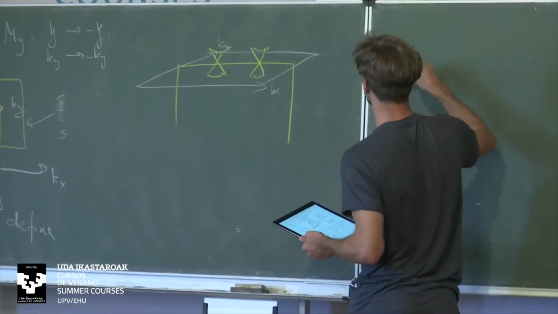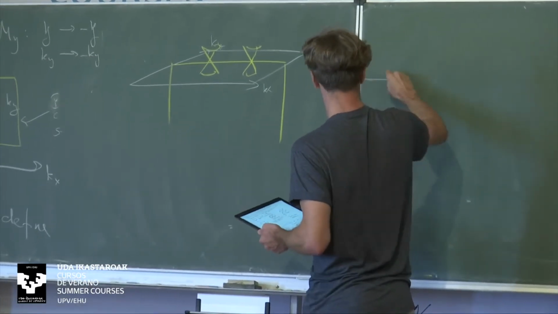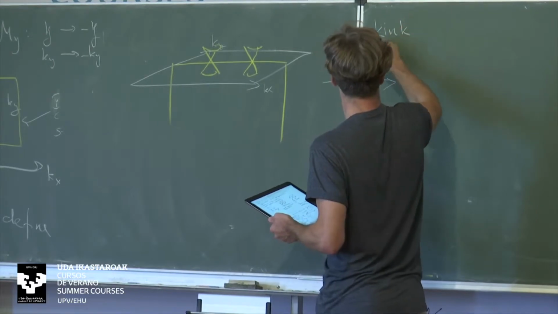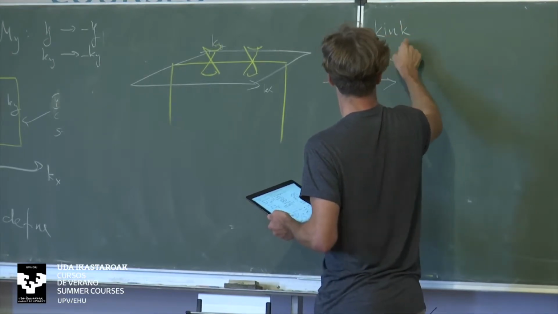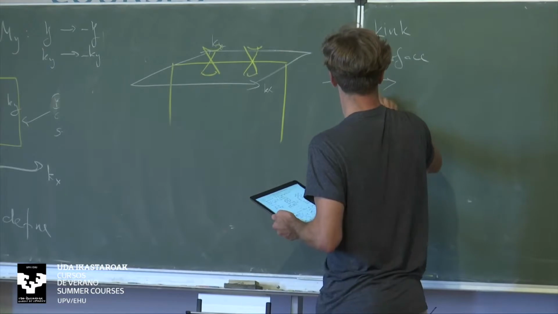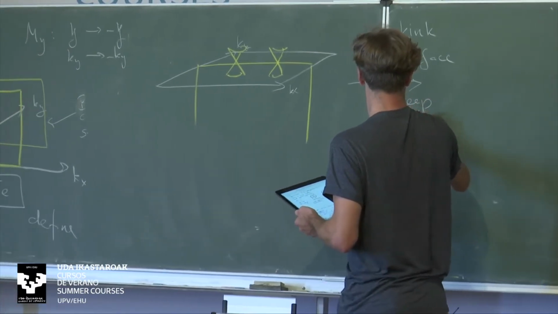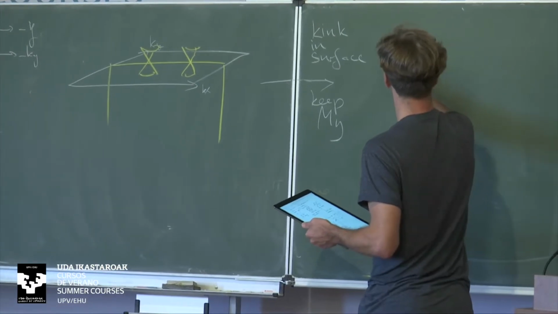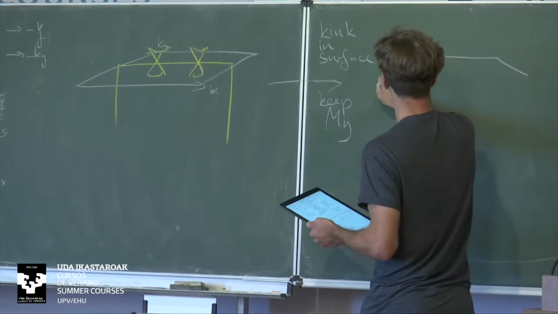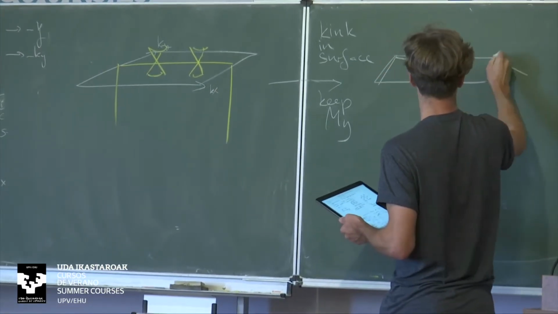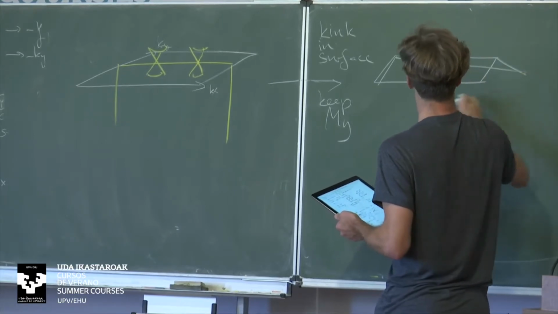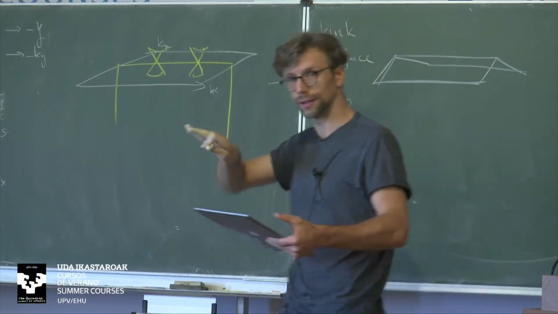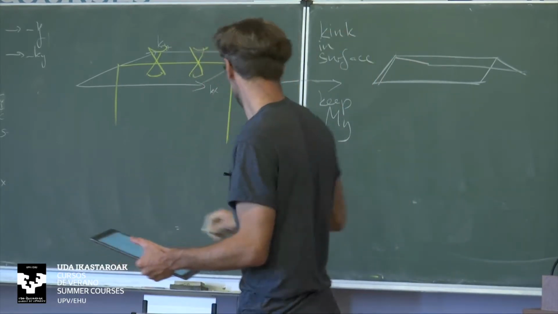So I don't know how good I am at drawing this now. It's like a roof. It looks like a roof of a building, right, of a house, something like this. And now we have two surface planes that are touching each other at this hinge, yeah.